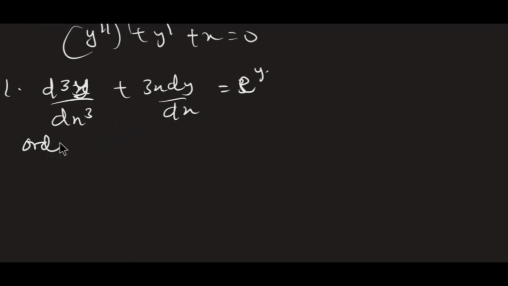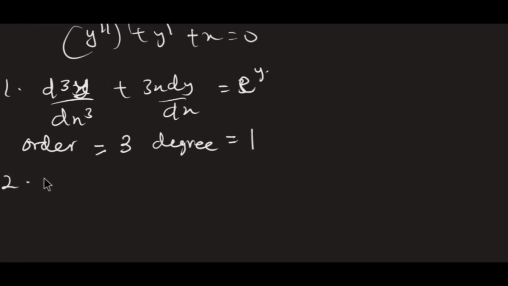What is the order of this equation? We have a third derivative here, d cubed y over dx cubed. We have a first derivative. Which one is higher? That is the third. So our order is equal to 3. What is the degree? Our degree is the highest power of the order. Now the order being 3, what's the highest power? It's to the power 1. So degree is simply equal to 1.